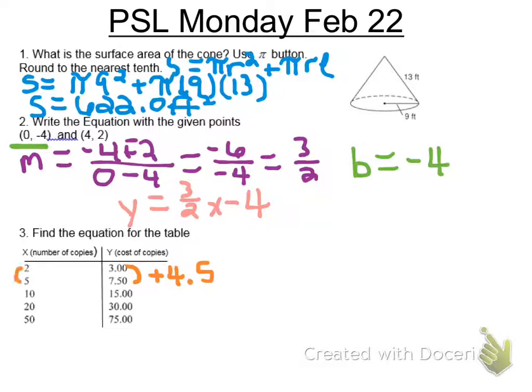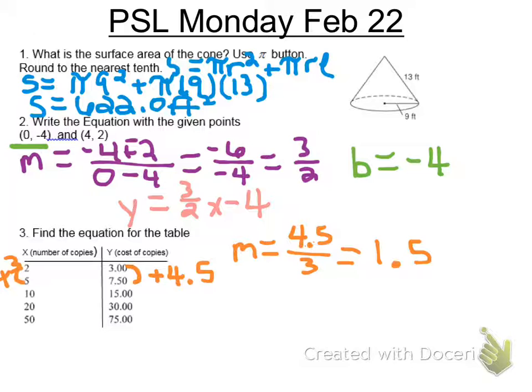And going from 2 to 5, you're going to add 3. So when we put our y, which is 4.5, over our x, which is 3, and divide, remember, when it's a fraction, we're just dividing, we're going to get 1.5.